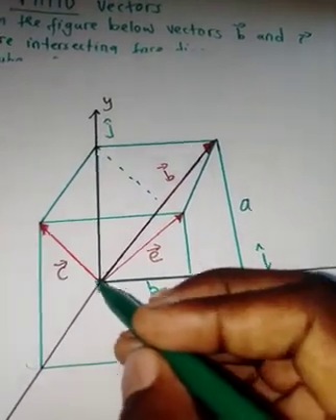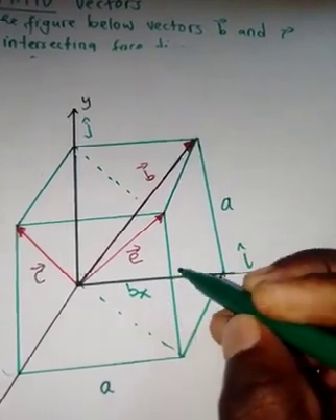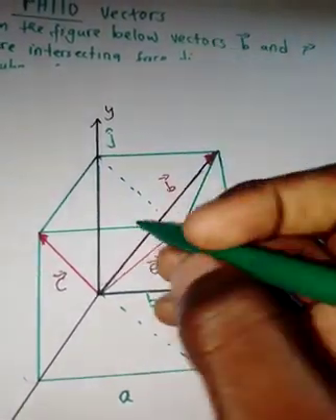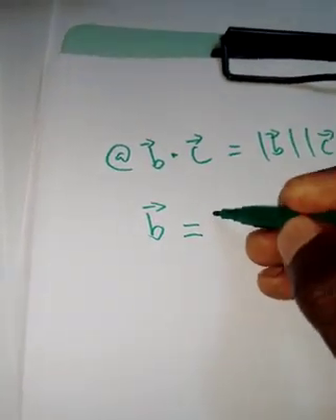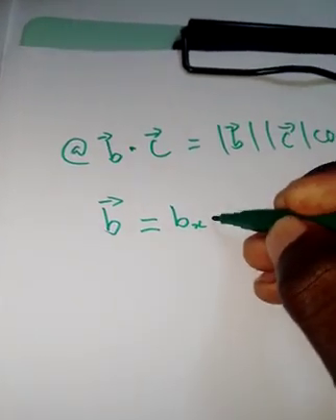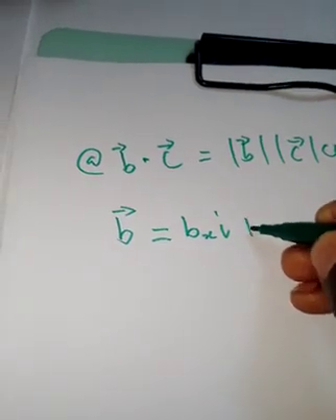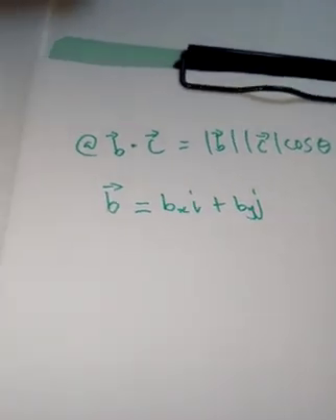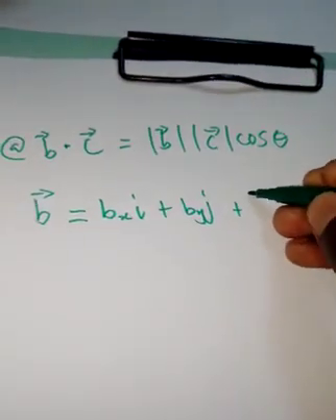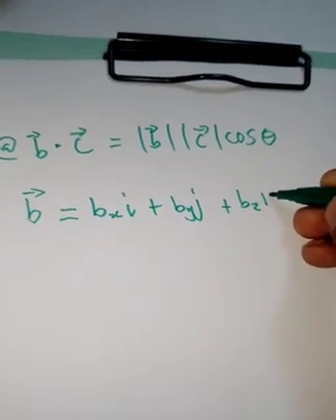A itself, this edge is represented by A. Okay, even that edge is represented by A. We should also have By there. Okay, meaning this vector B is what? Bxi plus Byj, like that. Okay, we can even say plus Bzk.